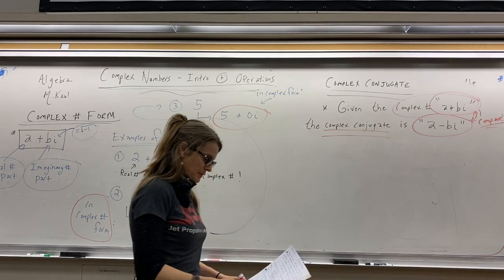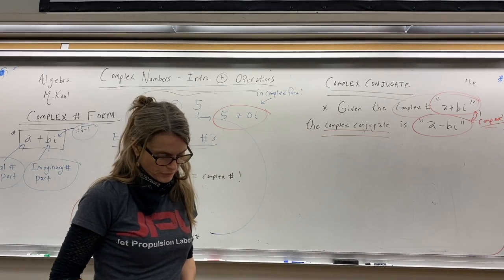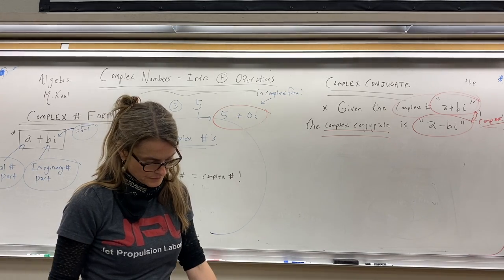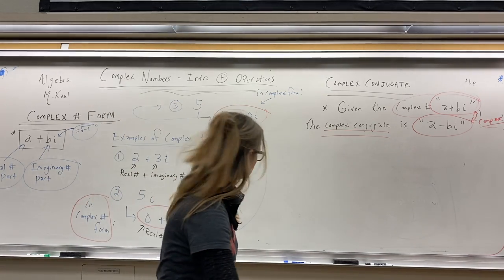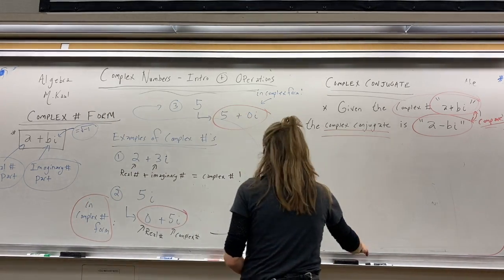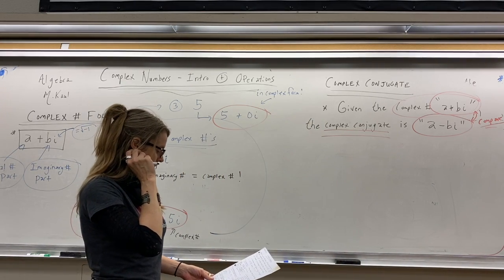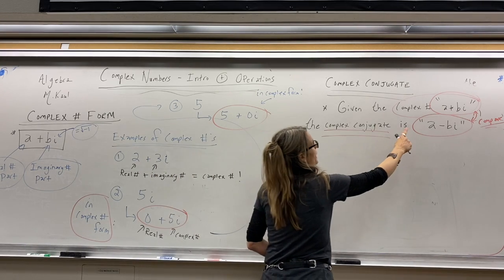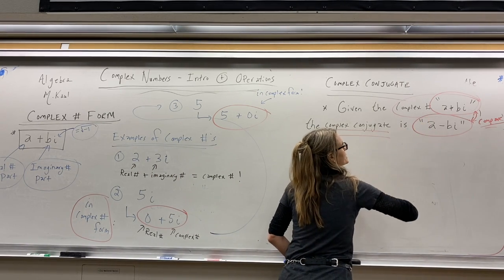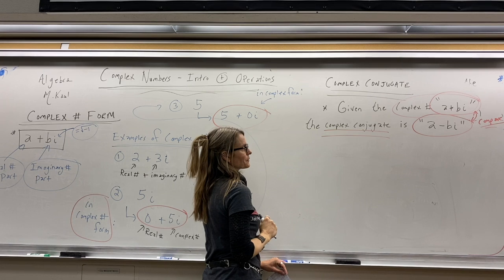And what we do is we convert to a plus bi form, and then any i's that we end up with in the denominator we'll get rid of with the conjugate.